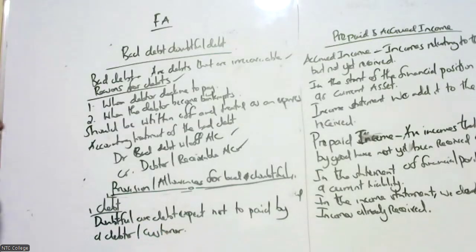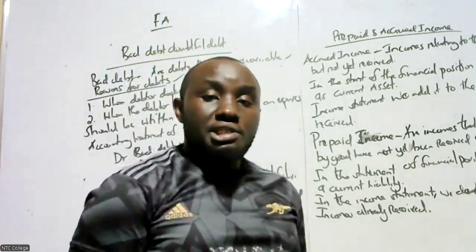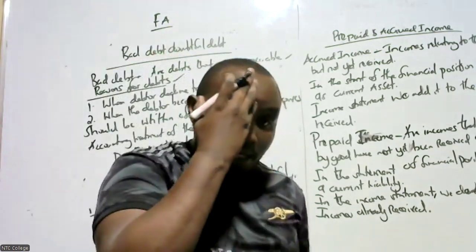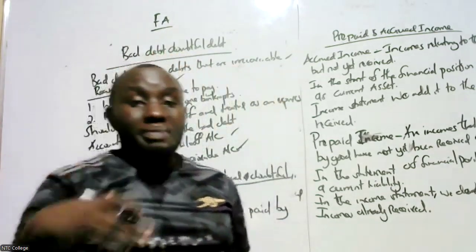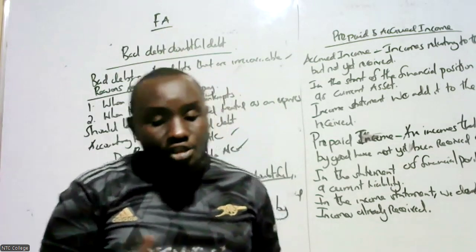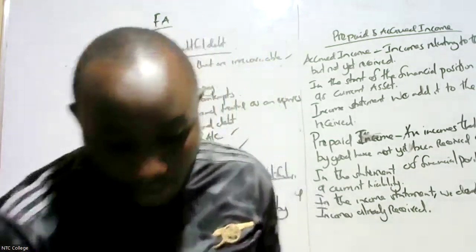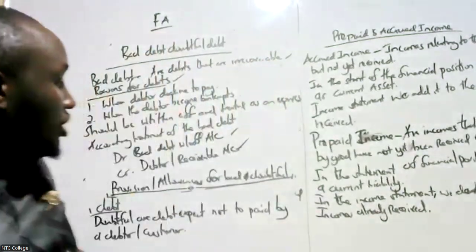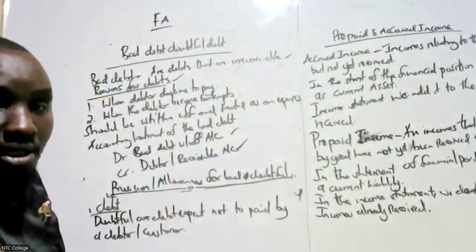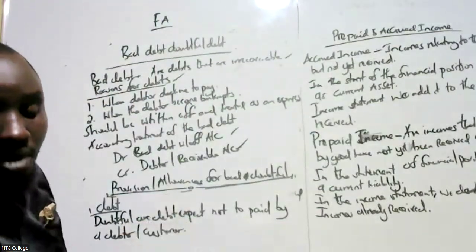For example, if you had debtors of 10,000, you can make a provision and say that out of 10,000, 2,000 are likely not to pay. That is a provision. There's a likelihood that out of the debtors we have, 2,000 will not pay.